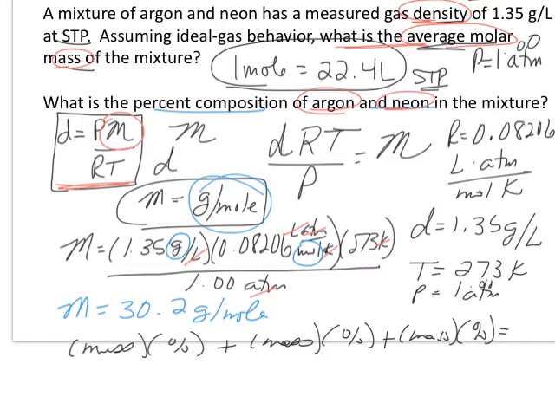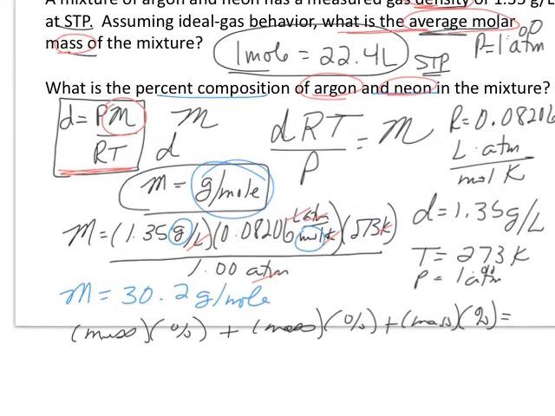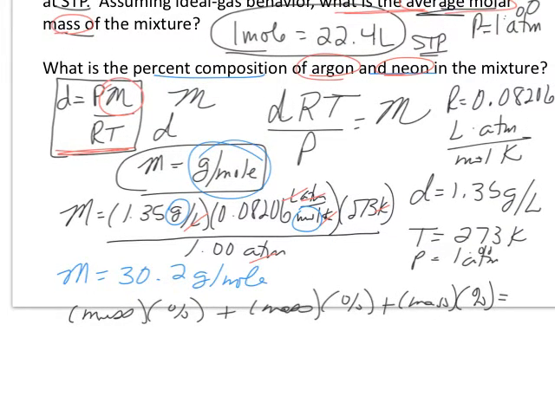Okay, so in this problem they give you argon and they give you neon, and you have the average here. The answer is 30.2 grams per mole. And there's only two gases here, so we're only going to need two terms. That's kind of nice, because if something's 40%, what's the other? 60%.